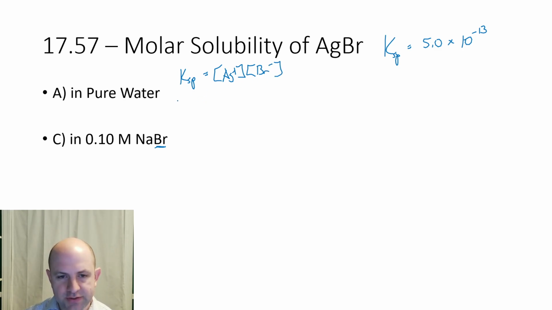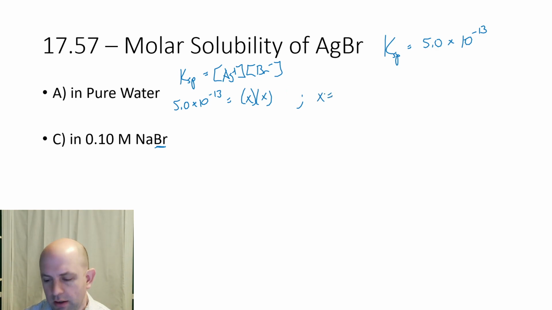So in this case, 5.0 times 10 to the negative 13th will equal x times x, so x squared. So x, which is the molar solubility, my molarity, is just going to be the square root of that. So it's 7.1 times 10 to the negative 7th molar. That's the answer, nice and simple.